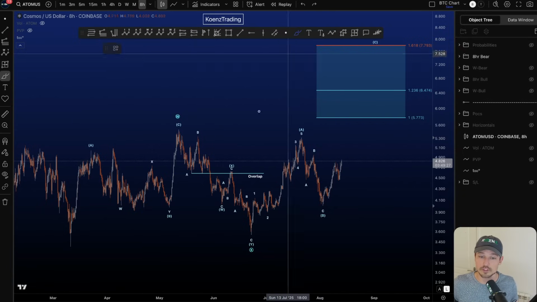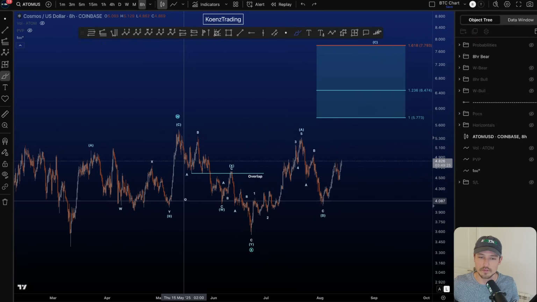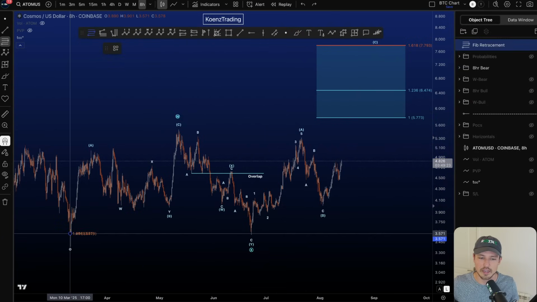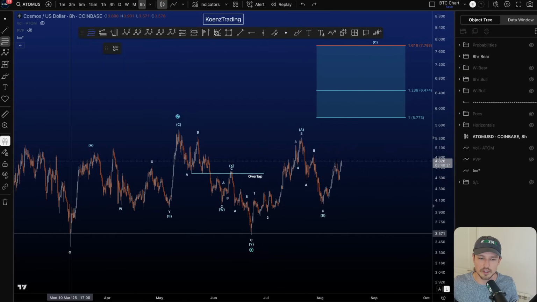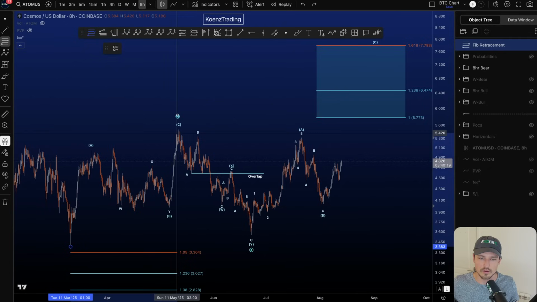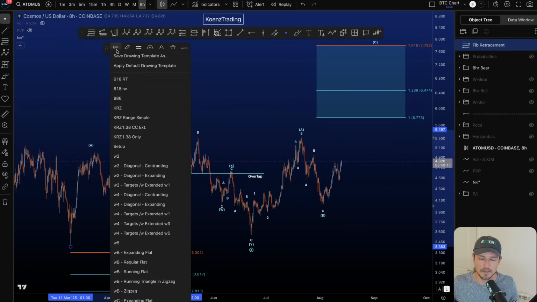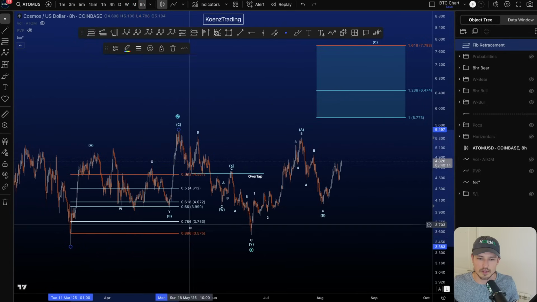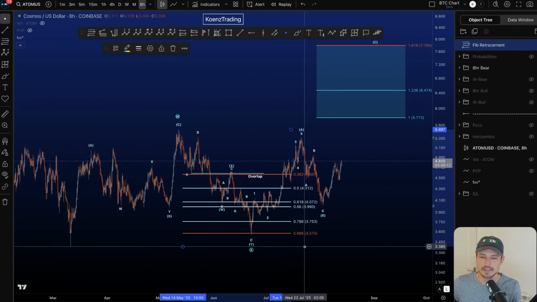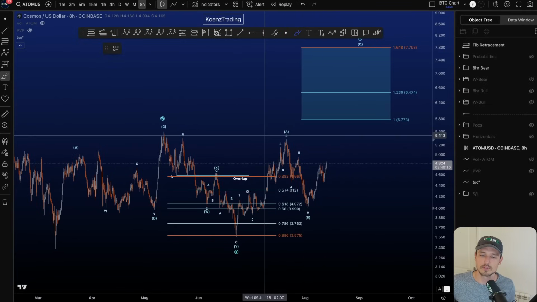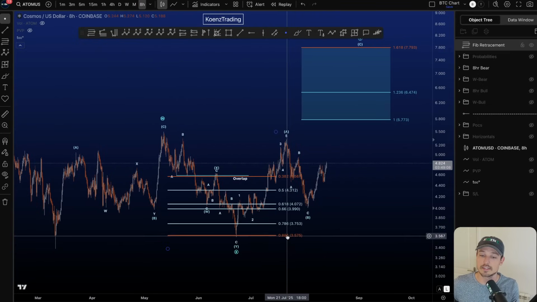Wave X did retrace deep compared to wave W. If I take a Fibonacci from the start of wave W to the end of wave W, then you can see that price retraced to the 0.886 Fibonacci, which for a double zigzag wave X is very deep.